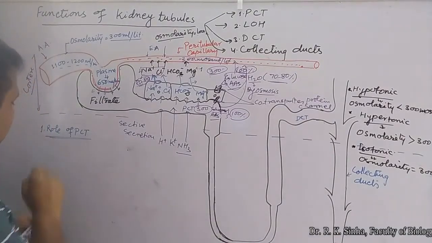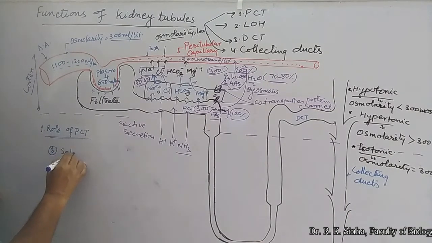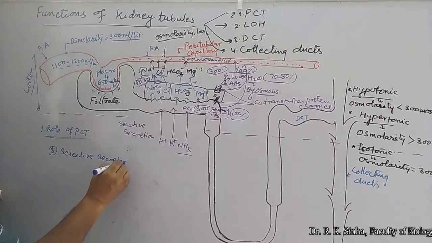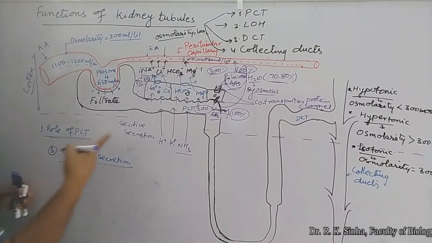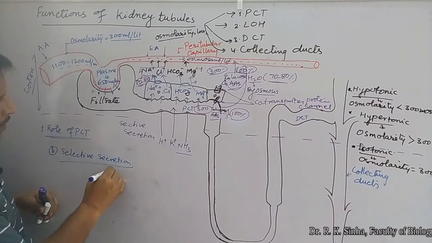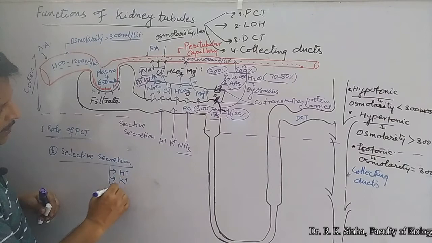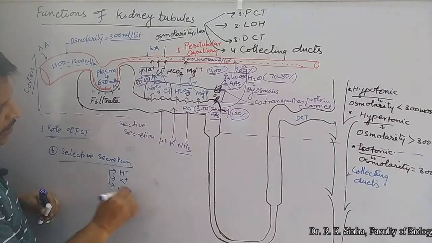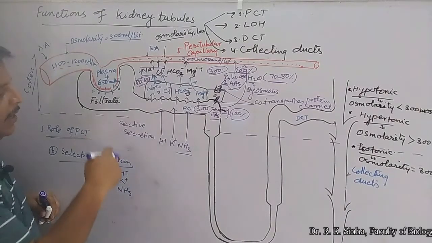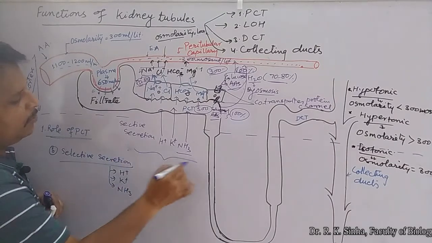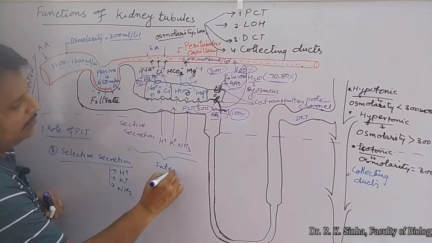What is the next role of this PCT? The next role of this PCT is selective secretion. This is B, selective secretion. The selective secretion in the PCT is of H plus, K plus and NH3, which are present in excess amount in the interstitium.